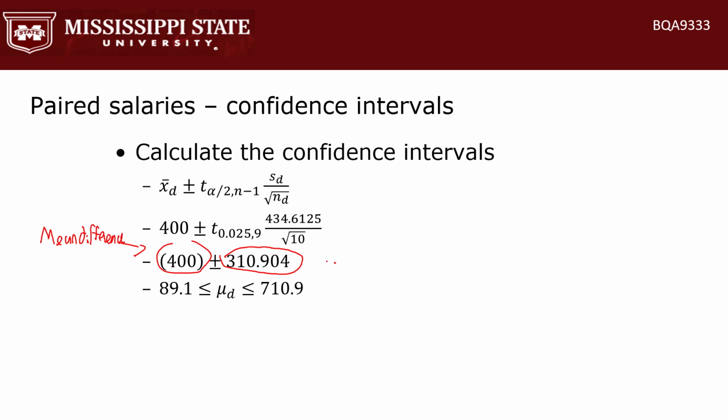And this is the margin of error. And we add and subtract, and we get everything's positive. It doesn't go through zero, so the equivalent of a significant result.